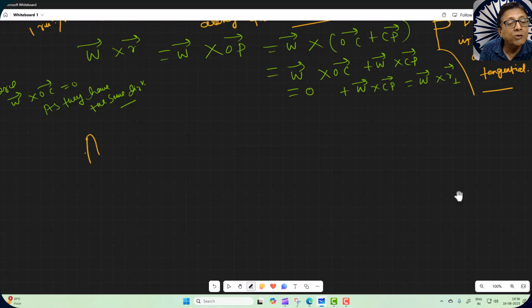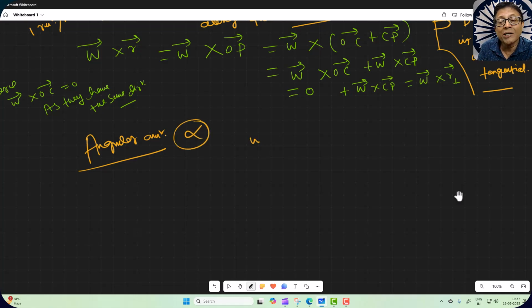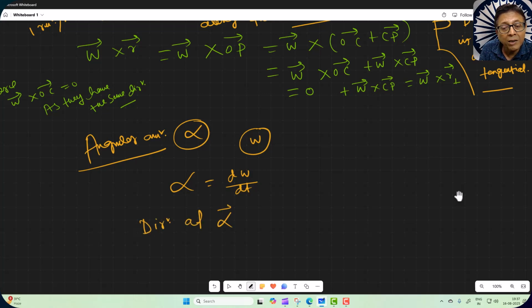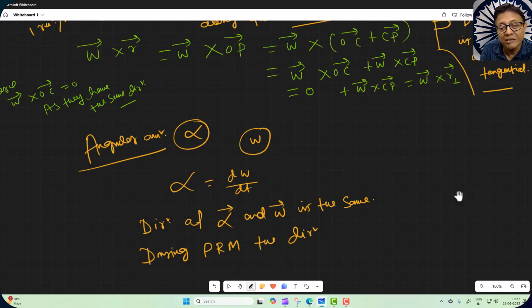Now we are in a position to define angular acceleration, alpha. What is that? Because omega exists, its rate of change must exist. So alpha will be d omega by dt. Direction of alpha and omega is the same. Okay? During pure rotational motion, the direction will not change.